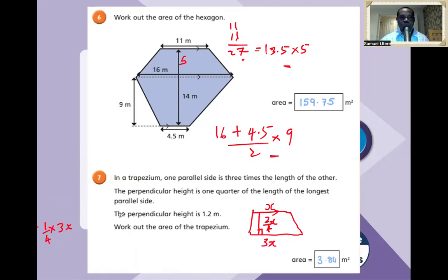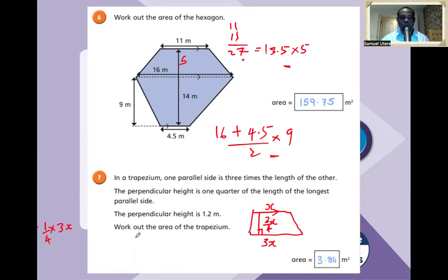Okay, now they say the perpendicular height is 1.2 meters. Work out the area of the trapezium. So if the perpendicular height is 1.2 meters, it means this here, 3/4 x, is equal to 1.2 meters.